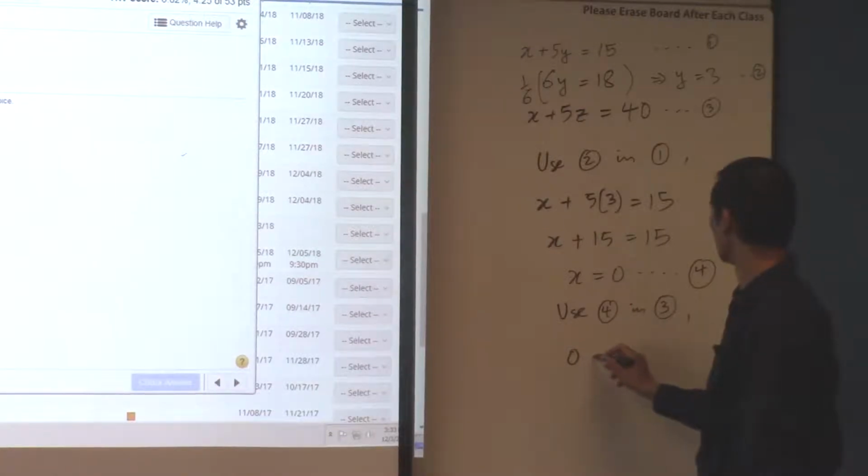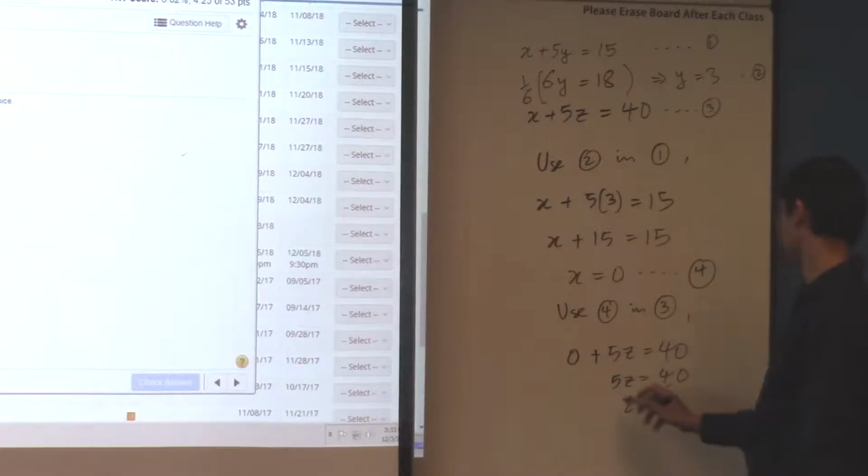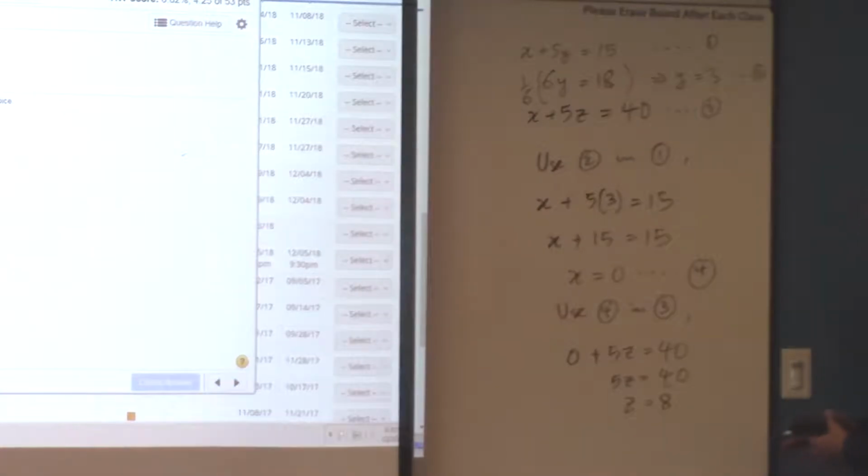So it will be 0 plus 5z equals 40, which is 5z equals 40, and z equals, divide both sides by 5 and you get 8. And that's it, we got values of all variables. So y is 3 here, x is 0 here, and finally we have z equals 8. So that is our solution.